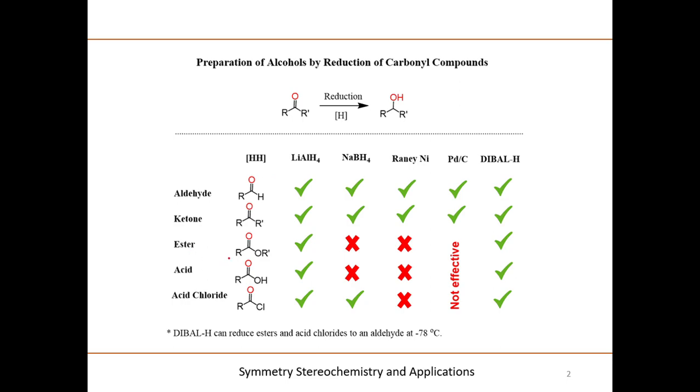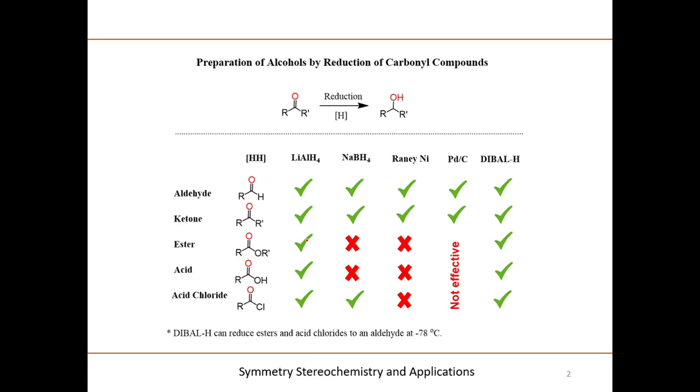As all of you know, if you have attended the lecture by Anshuman Roy Chaudhary, which is available on YouTube, you will see that ester is reduced only by lithium aluminum hydride because it is a very strong reducing agent.